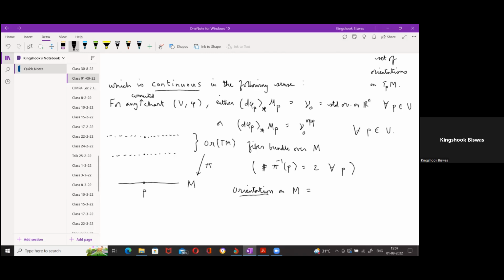When you have a bundle, you can look at some objects associated to the bundle. What will an orientation be? For each point P, I'm choosing a point in the fiber. What is such an object called? It's a section, exactly, yes. So continuity means this is a continuous section of this fiber bundle.